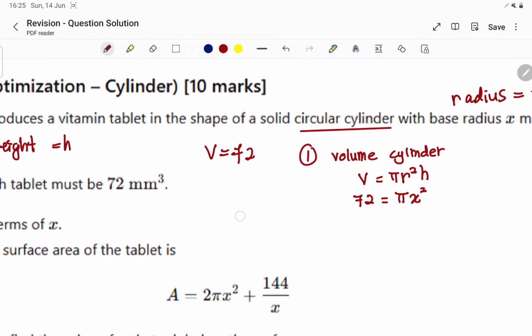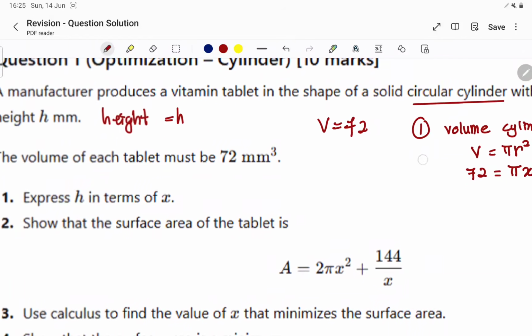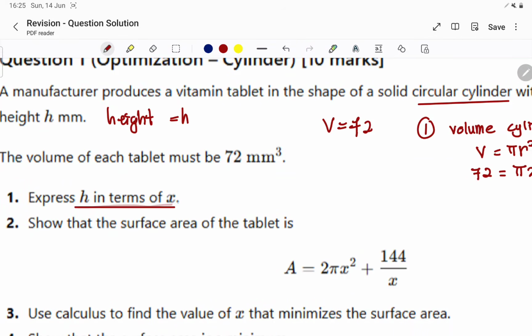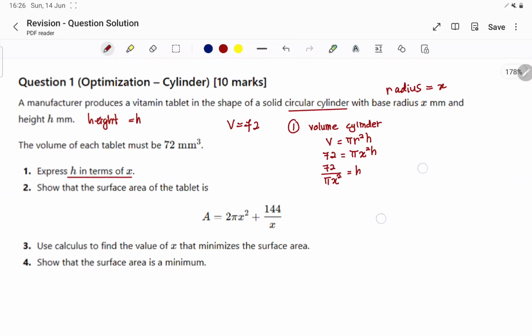Now they want us to express h in terms of x, so we just have to move terms until we get the variable h. You move pi x squared to the left side, so you get 72 over pi x squared equal to h. So this is your h right now. That settles the first question.